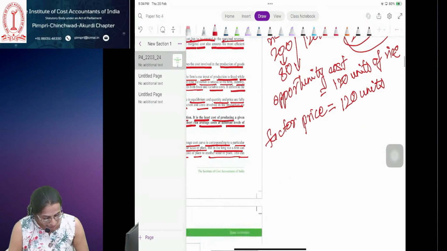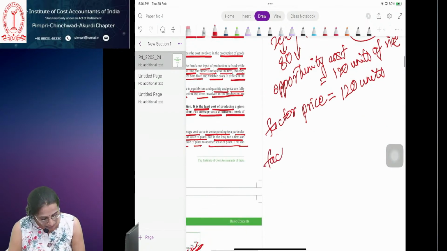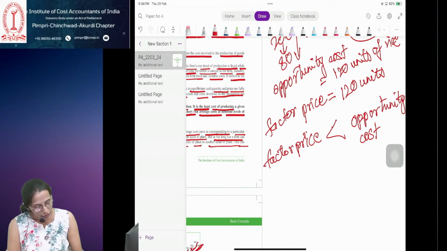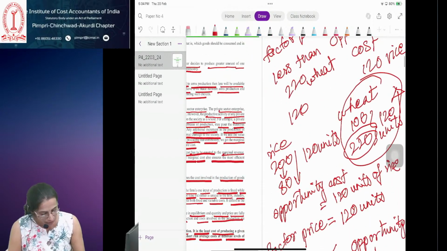But if the factor price, that is the increase in the wheat, was less than the opportunity cost, we will not produce much wheat. We will leave it. We will not increase the production of wheat.